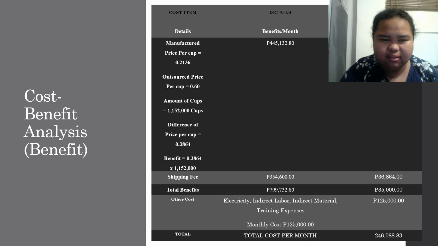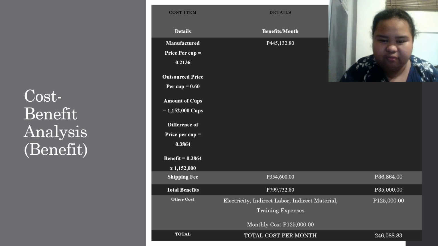Applying and adding the outsourced price, amount of cups, difference of prices per cup, and benefit and shipping fee, the details would be 354,600 pesos. Meanwhile, the cost per month is 36,864 pesos.